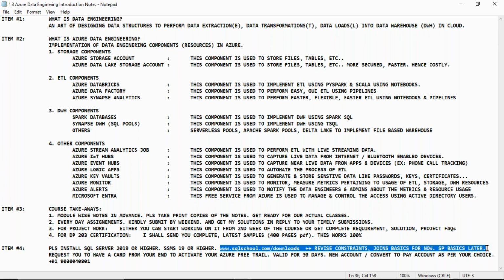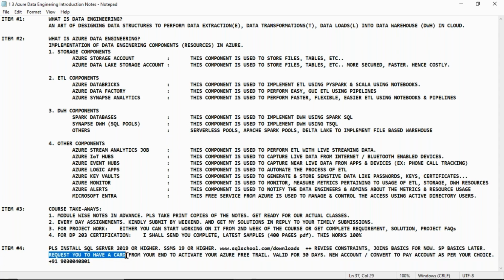Next. Also, what about the practice? I said from the second half today, in another 10 minutes maximum, we have to start our practice from scratch, from the basics. But how do we do that? Here it is. Request you to have a card to activate your free trial, valid for 30 days.